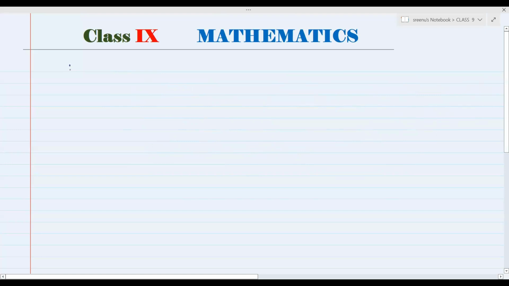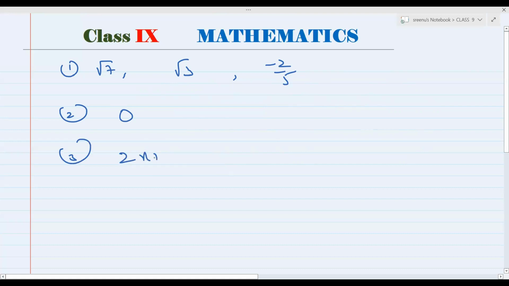So first, just now I wrote root 7, root 3, minus 2 by 5. And second I will write just the number 0. And then third I will write 2x plus 5, 3x minus 5. And then I will write 4x square minus 3x plus 2, 7x square minus 5.